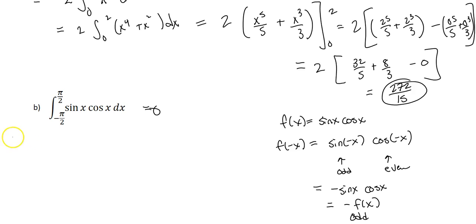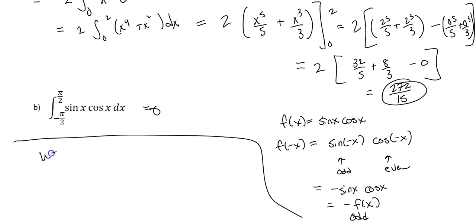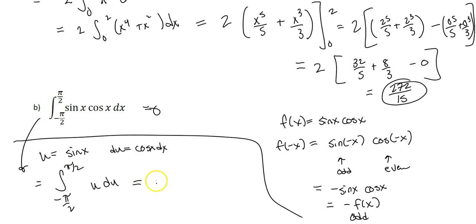Now, if you happen to miss this one, you could let u be sine of x, so du would be cosine of x dx. So it would be the integral from negative pi over 2 to pi over 2 of u du, which would be equal to u squared over 2, and that's from x equals negative pi over 2 to x equals pi over 2.